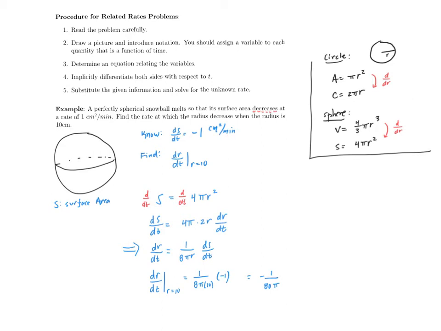So this rate of change, the units will be distance per time unit. And we now have that desired rate of change. I invite you at this point to pause the video and go back through the procedure that we have used in this problem and compare it to the procedure described above. This is a very standard problem, and this is the procedure that we will use to solve it.